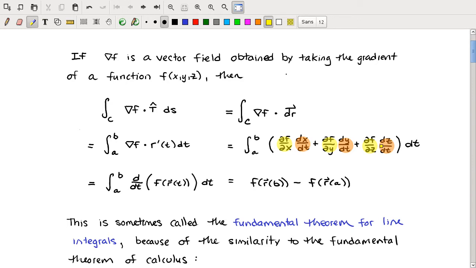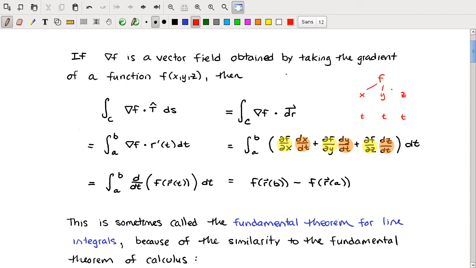Well, that's nothing more than the chain rule derivative with respect to t of the function f. Okay, so we saw back in the chapter on partial derivatives, that's just our chain rule. f depends on x, y, and z, each of which depends on t.